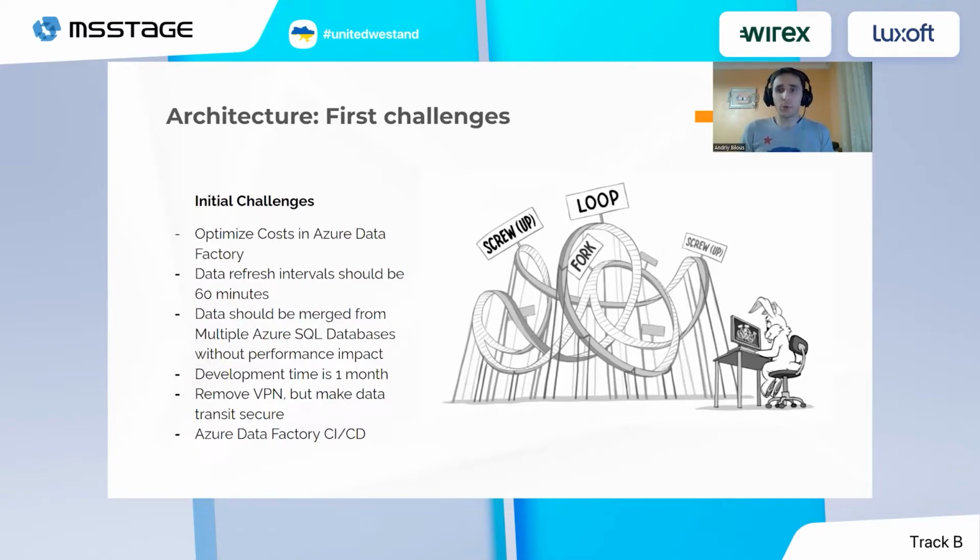Then we had to present this to the client. When we started preparing for this presentation, we understood that there were a couple of challenges we'd face. But the client said that, yeah, guys, 1 month is okay.